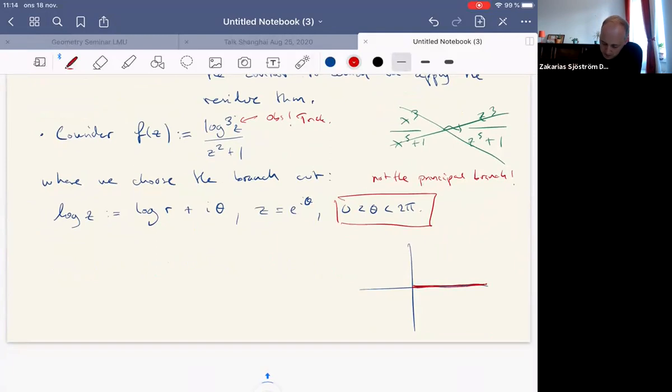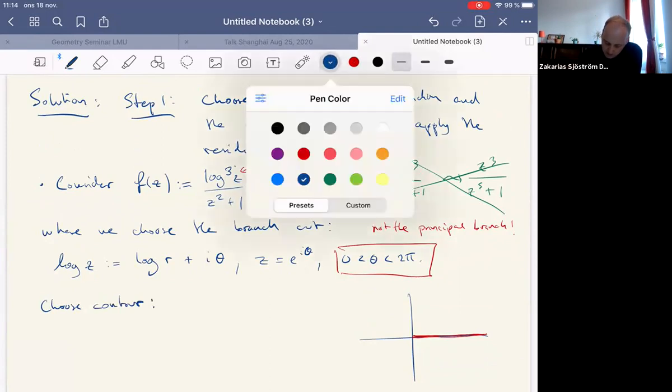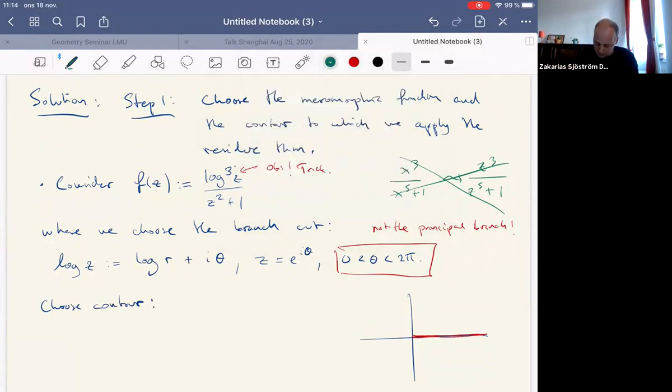Okay, so the reason for this is that we will choose the following contour. So let me do it maybe in green or something like that. The contour will be a circle going around like this. But when I come close to this branch cut here, I can't just pass. I can't just do this, right? This would be bad.